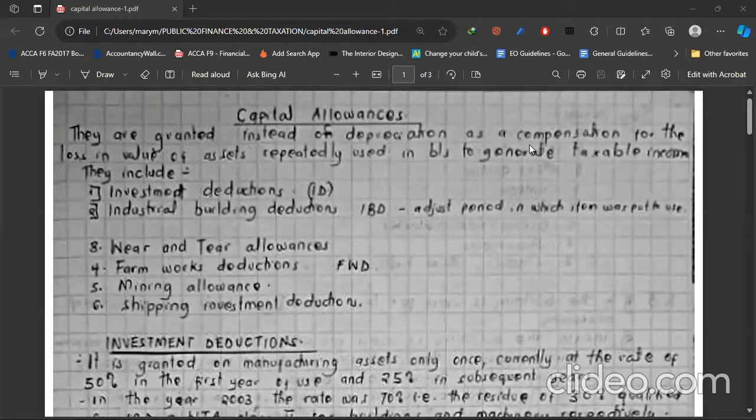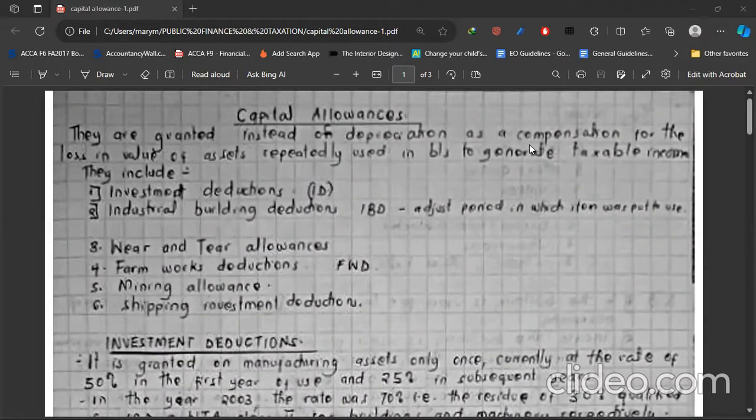The Finance Act normally affects the capital allowances and the income tax, because the new proposals are normally put in place, and you cannot avoid the circumstances.